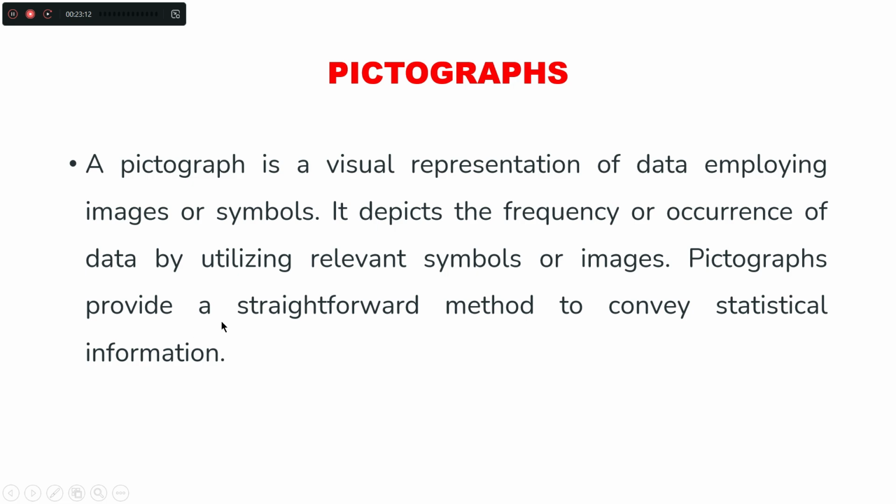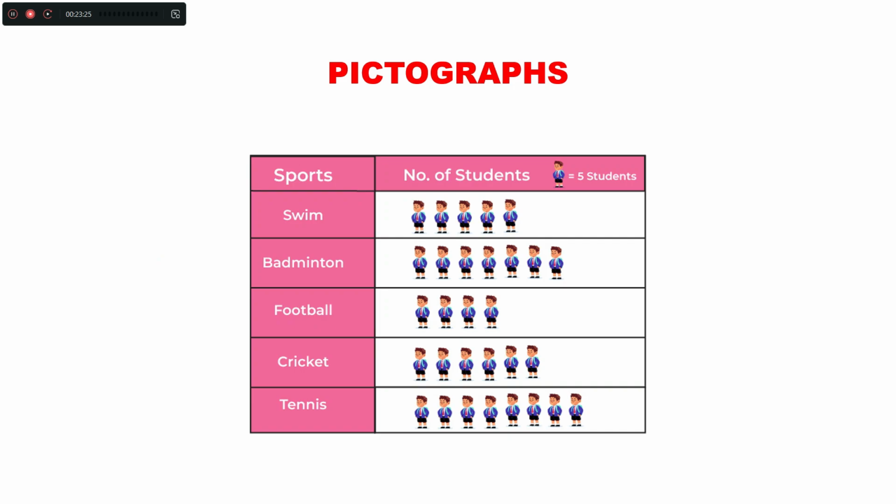Pictographs are very easy and it is a straightforward method to represent the statistical information. Most commonly we have seen the pictograph, but we may not know that it is a pictograph. The pictograph looks like that. You are representing the sports, how many students are liking that particular sport. So you take this as a boy.